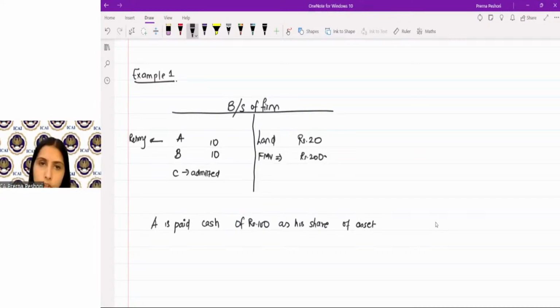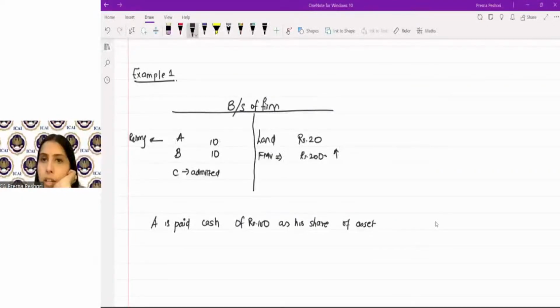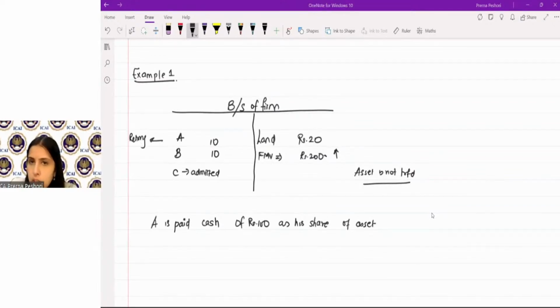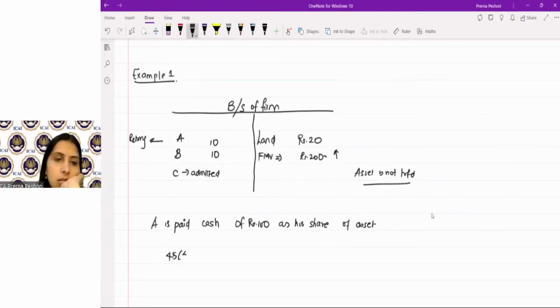So there is this revaluation in the FMV, correct? So his share of land is 100. That is being paid to A. Asset is not transferred over here. So here, you need to tell me what will be 45(4) and what will be 9B.